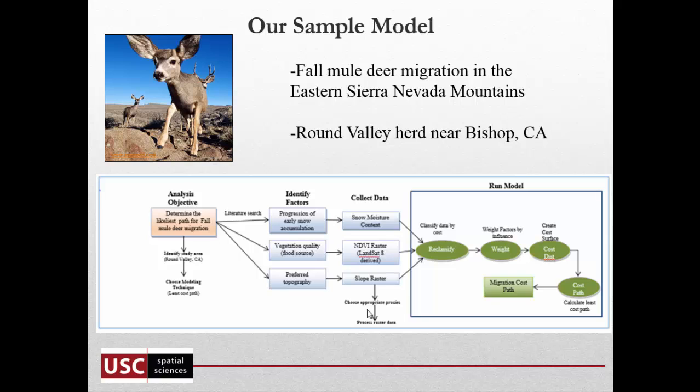Given those factors, what data can we use to represent those factors in a model? And finally, we had to design and run a model that reclassified those factors into ranked values, weighted by importance, created a cost surface that depicts the cost across a landscape, and then finally created a cost path that depicts our final migration path.